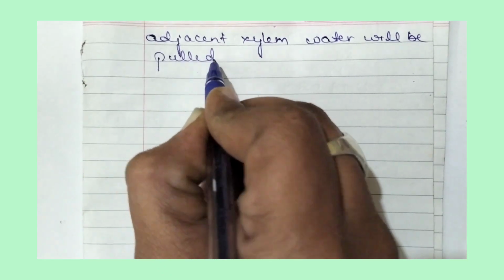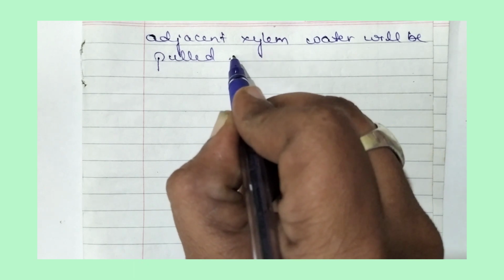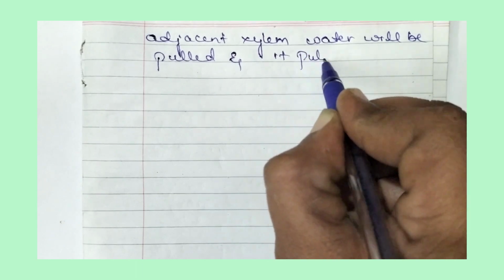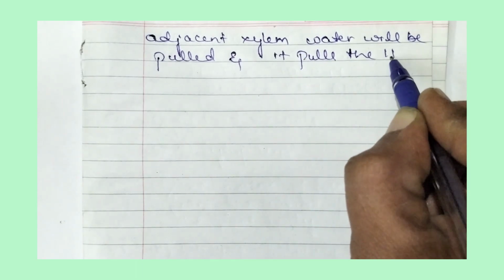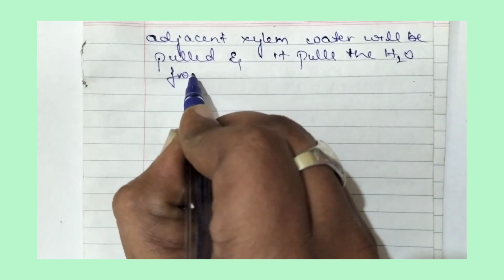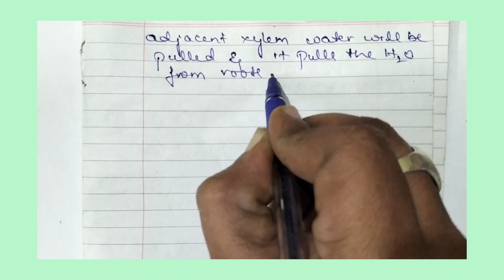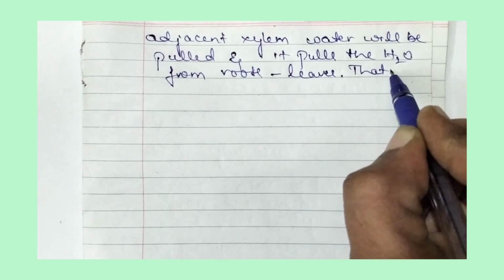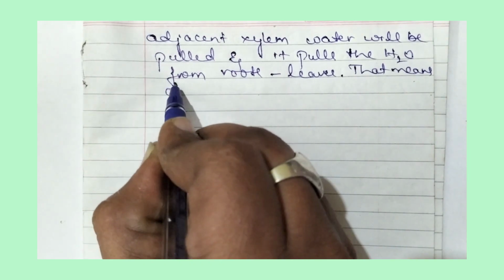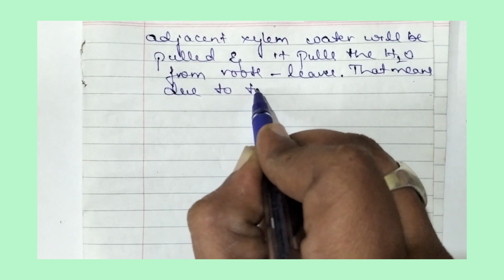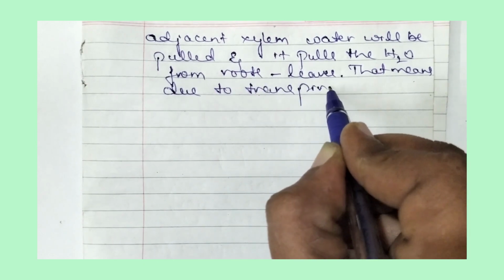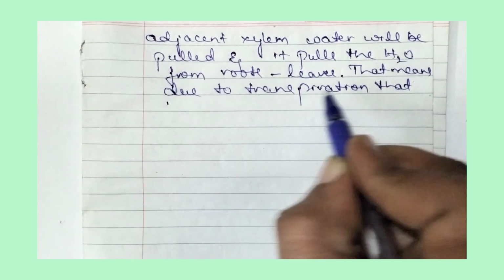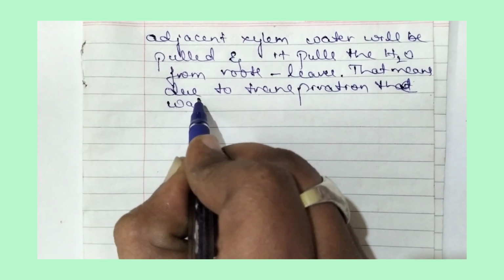Water will be pulled, and it pulls the water from roots to leaves. That means due to transpiration, the water will be pulled.